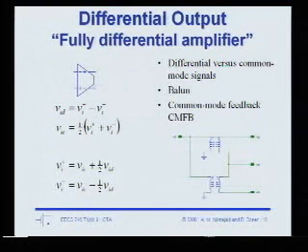We can think of the input signals at each terminal as having a common mode component and a differential input voltage. So we like to think of exciting our circuit with these kinds of signals, and likewise on the output there will be a common mode output voltage and a differential mode output voltage.